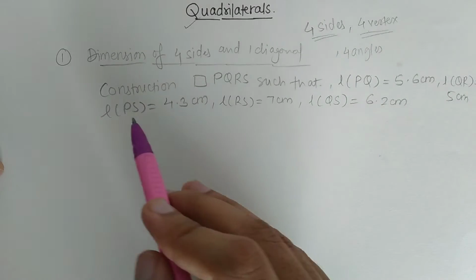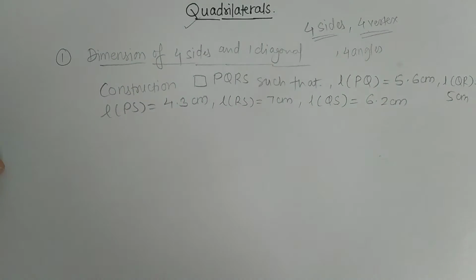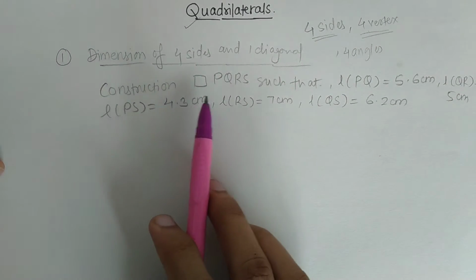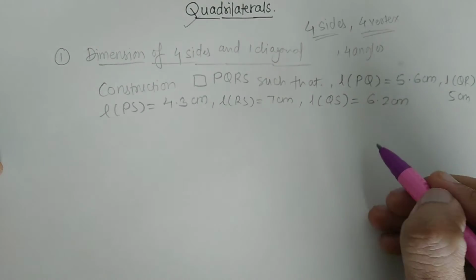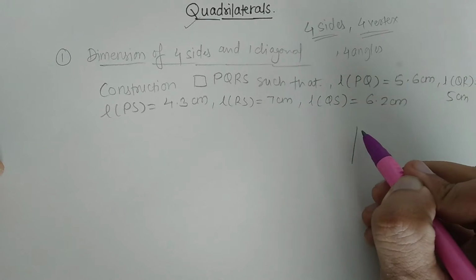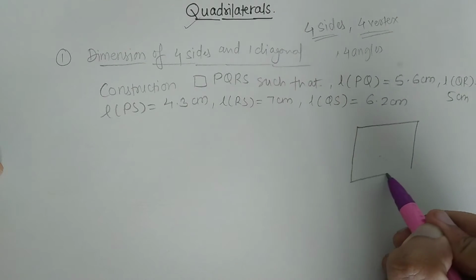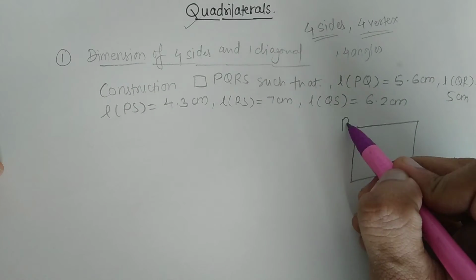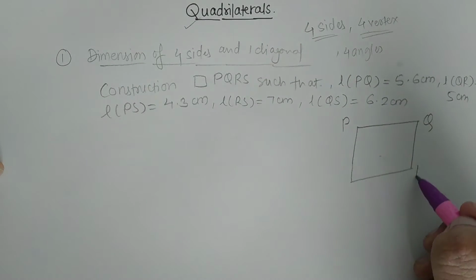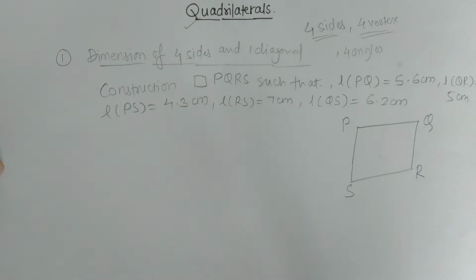What we will do, we will first draw the rough figure. For quadrilateral PQRS, we don't know what the shape of this quadrilateral is. We will draw it just randomly like this. Okay, this is my quadrilateral PQRS.